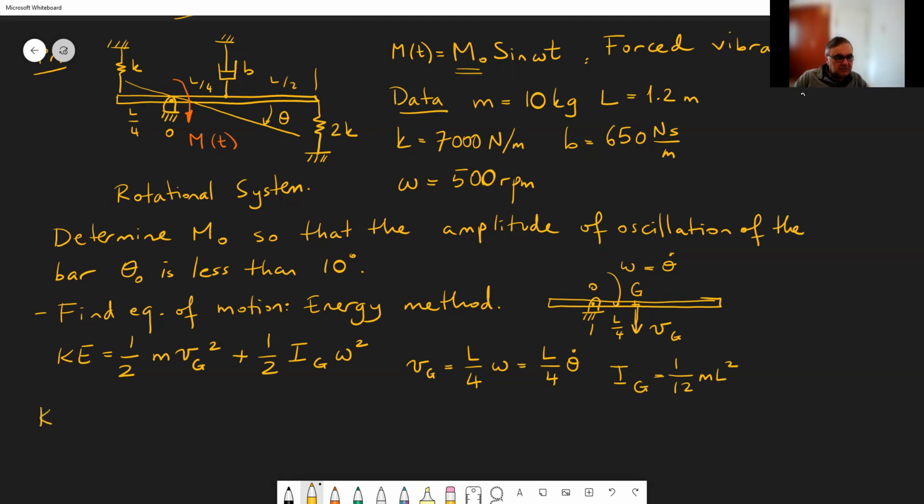So the kinetic energy is 1 over 2 m vg squared, which is L over 4 theta dot squared, plus 1 over 2 Ig, which is 1 over 12 L squared theta dot squared.